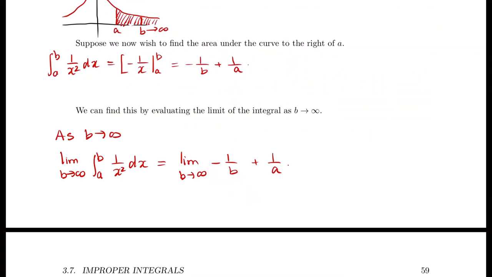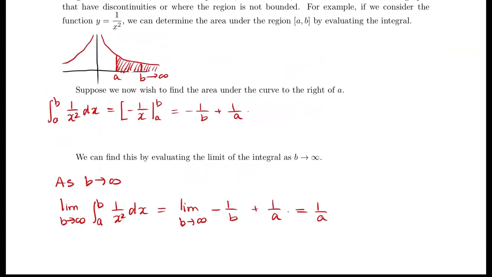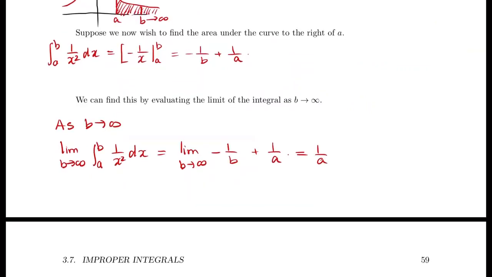So it would just be equal to 1 over a, which is actually the area under 1 over x squared from a to infinity. So in other words, we could write this as the integral from a to infinity of 1 over x squared dx, and we compute this, this is just going to equal 1 over a. So that's our goal in this lesson.